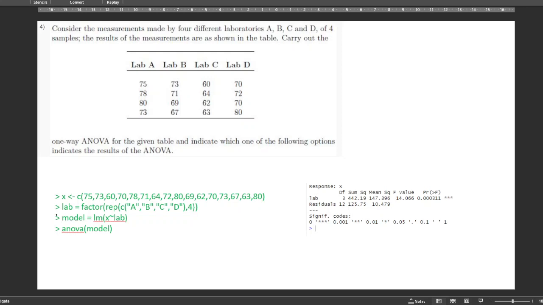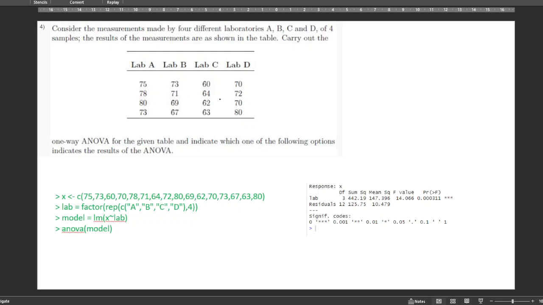In order to do the ANOVA, first you have to input all these values either from a CSV file or directly as an array. What I'm doing here is giving the input in the form of vectors, like 75, 73, 60, 70.